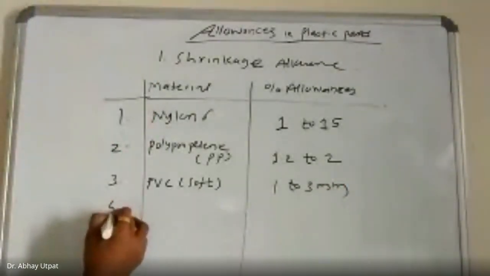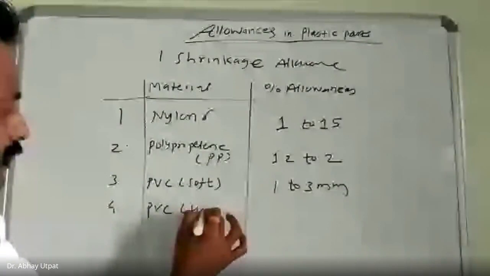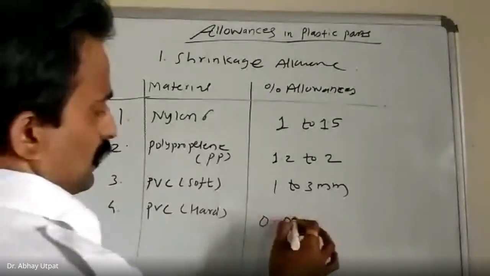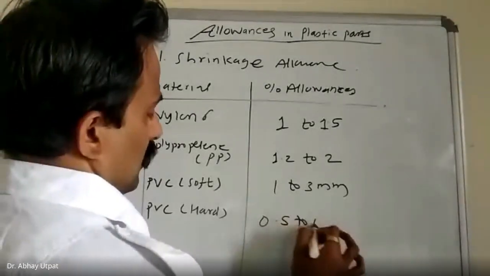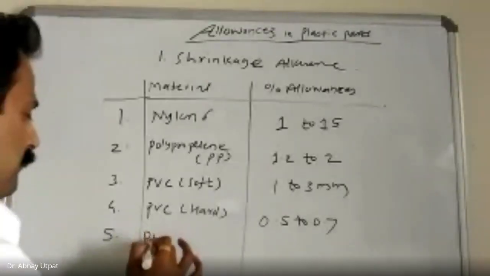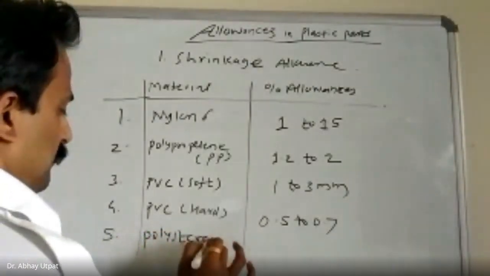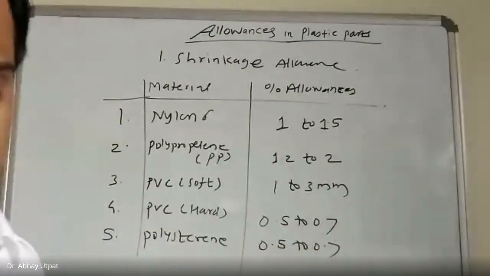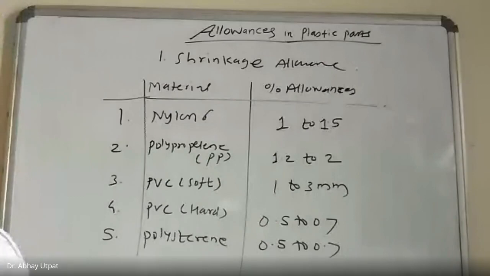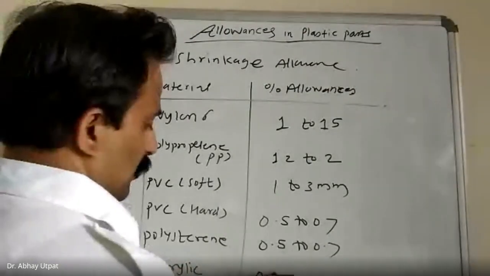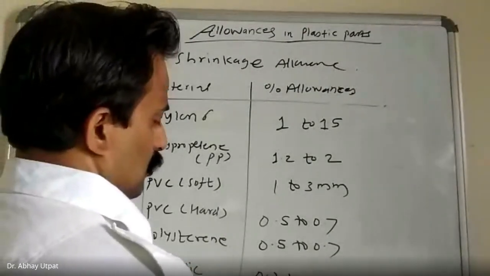Then PVC hard, 0.5 to 0.7. Then polystyrene, it is same, 0.5 to 0.7, and acrylic 0.3 to 0.6.